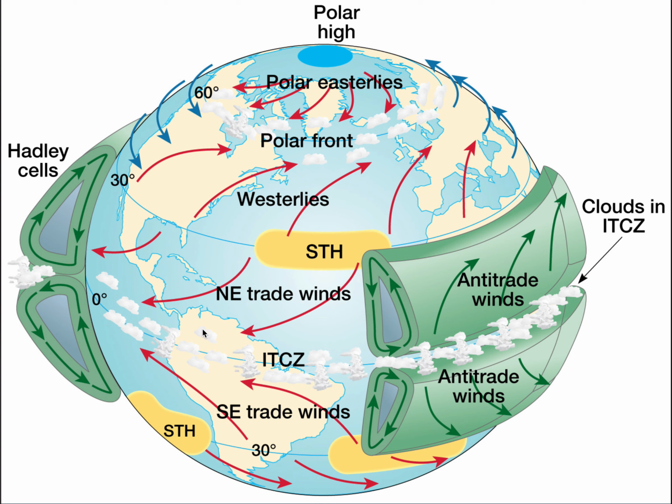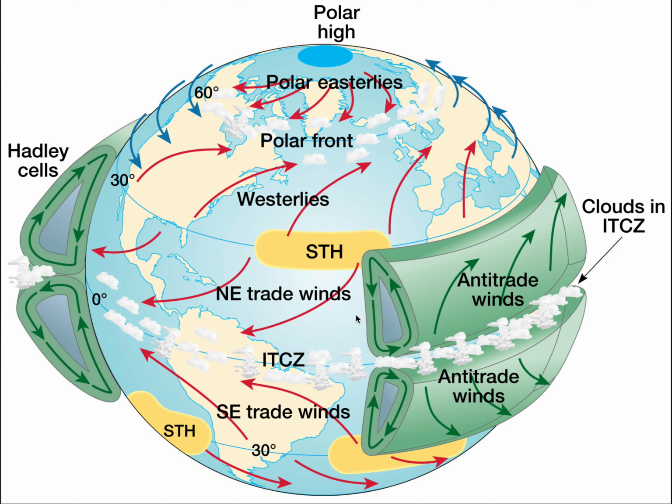All right, and winds are named from where they come from and not where they're going. So in this case, it's from the north to the south, and it's moving westward. So these are the northeast winds, or sometimes just called easterlies, more commonly known as trade winds.